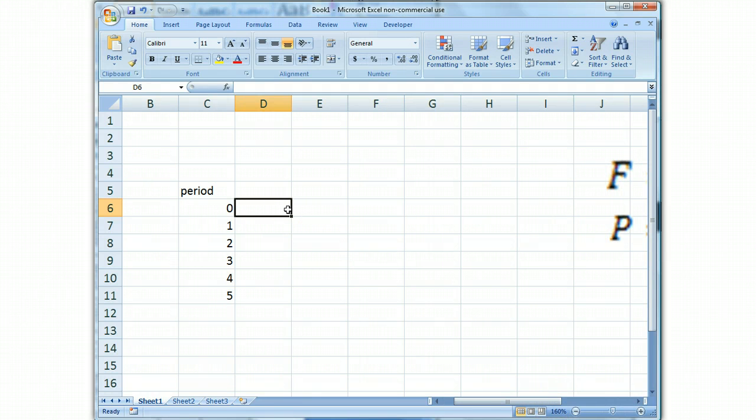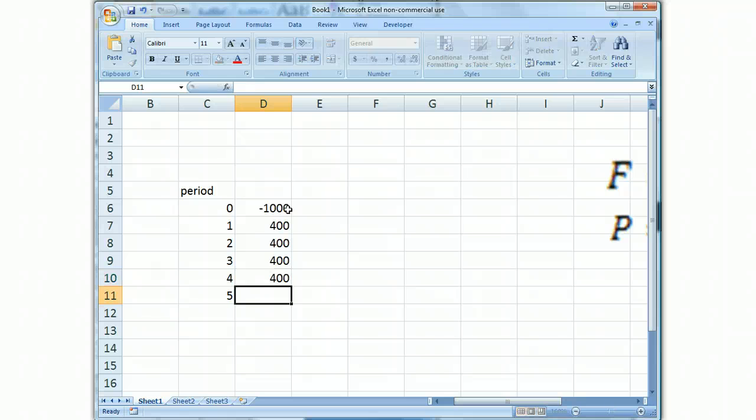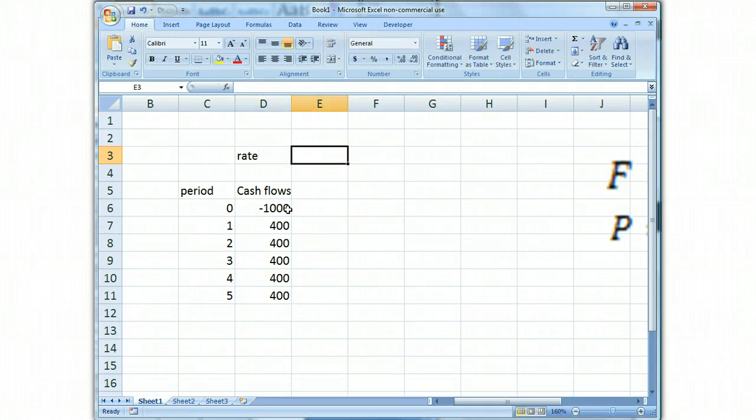Let's consider that would be our initial investment, and later on we would have, say, positive cash flows of $400. In this situation, this would be the cash flows. And let's say that the interest rate that we want to consider in this example is 10%.